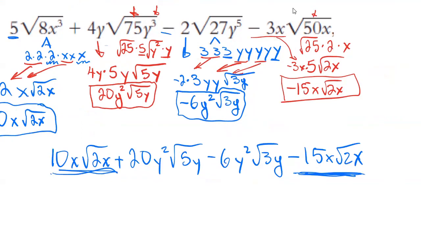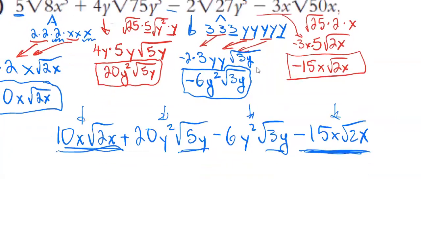So remember, when we're adding and subtracting, these variables also have to be the same in order to be able to do that. Can't combine the y squareds, although these variables are the same, because my radicals are not the same.